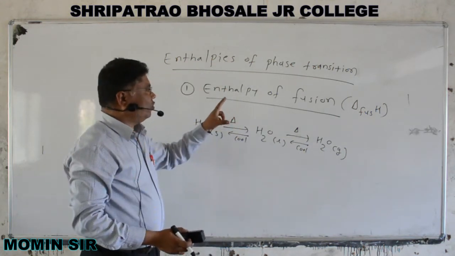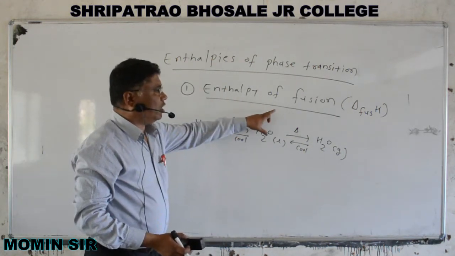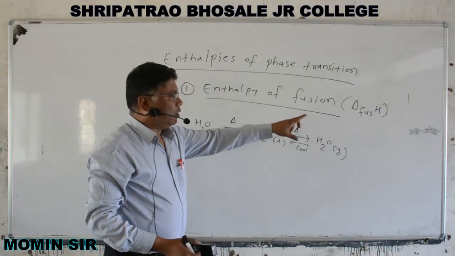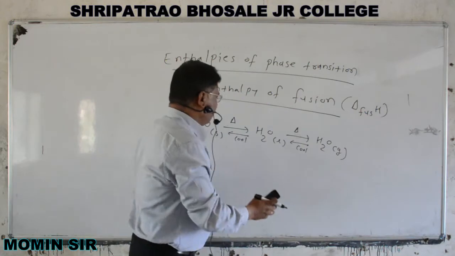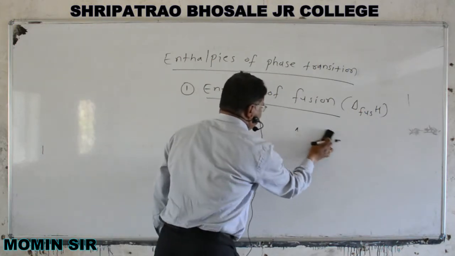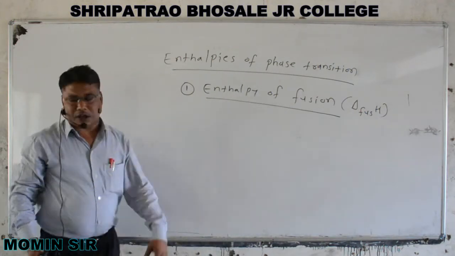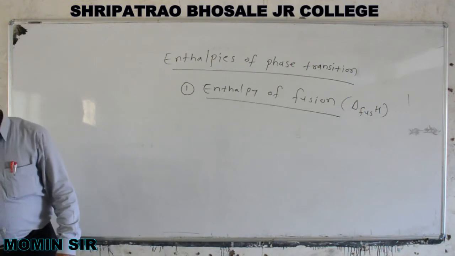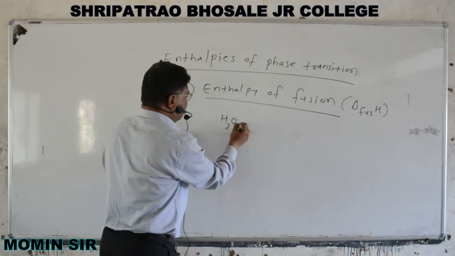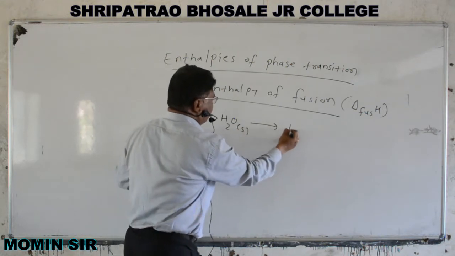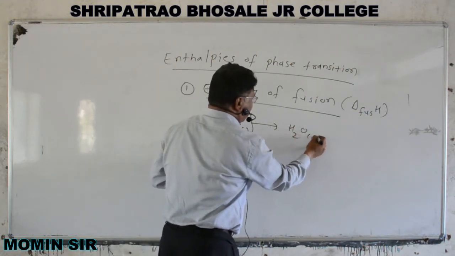So first of all, we want to know what is called enthalpy of fusion. It is denoted as delta H fusion. From this example we can know the definition. H2O solid is converted into H2O liquid.